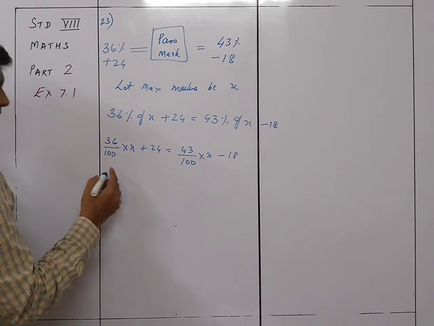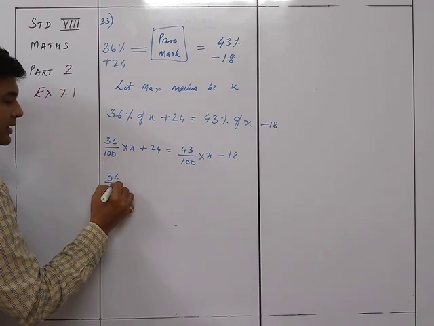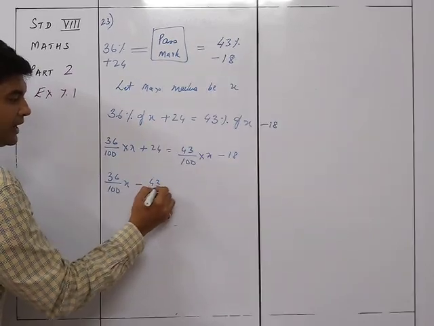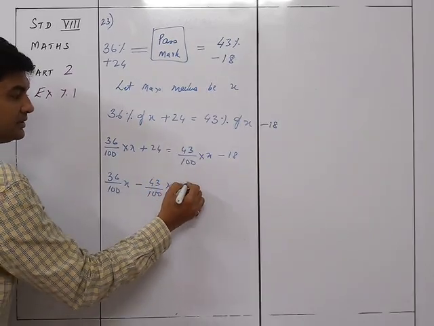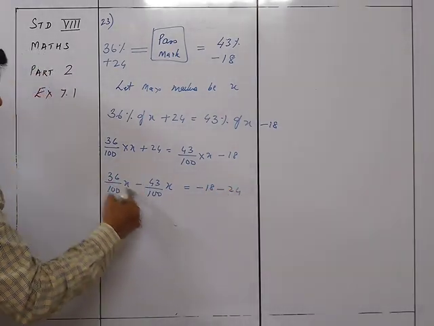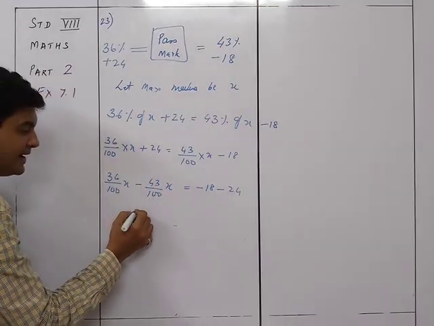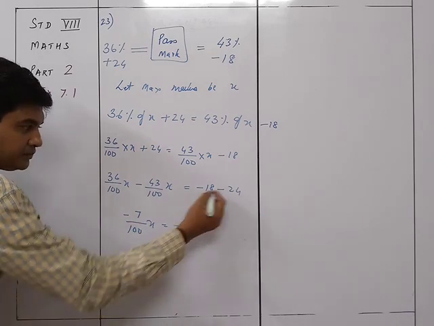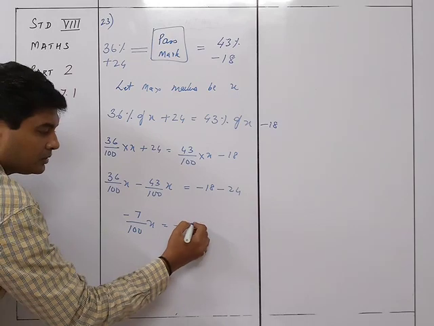So bringing the x on this side will be 36 upon 100 x minus 43 upon 100 x is equal to minus 18 minus 24. So this subtraction comes out to be minus 7 upon 100 x is equal to minus, this is nothing but 42.